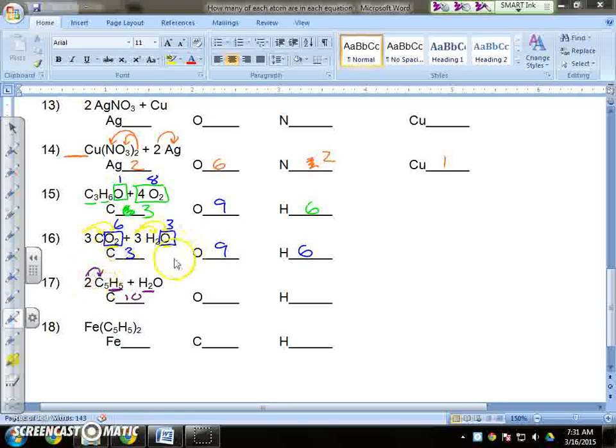The 2 does not relate at all because of that plus sign, so I've simply got 1 oxygen. And then the only thing left for this guy would be how many hydrogens. I have 2 times H5, 10 of those, and then H2, 2 of those. 10 plus 2 gives us 12.